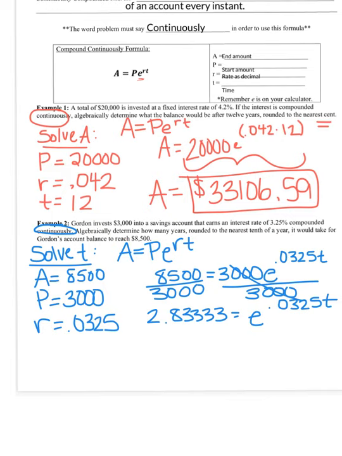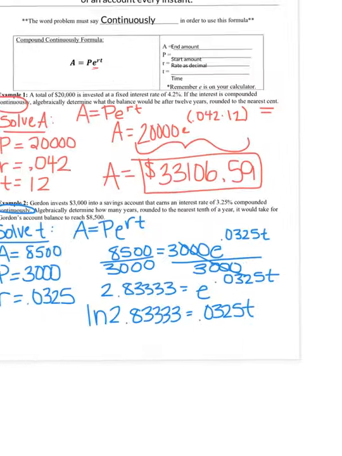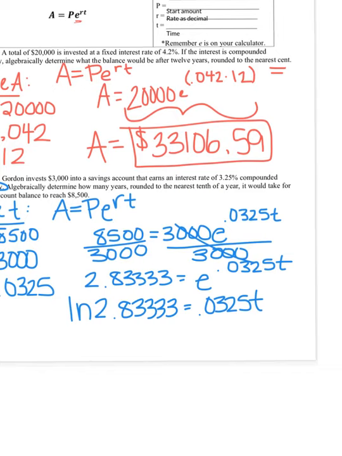So now, because the base is an e, instead of taking the log of both sides, which you still can do, which is a little bit more work, you are going to take the natural log, or the ln, of both sides. Equals, again, the variable comes out front, just like how we've been doing all week. So you have equals 0.0325t times the ln of e.